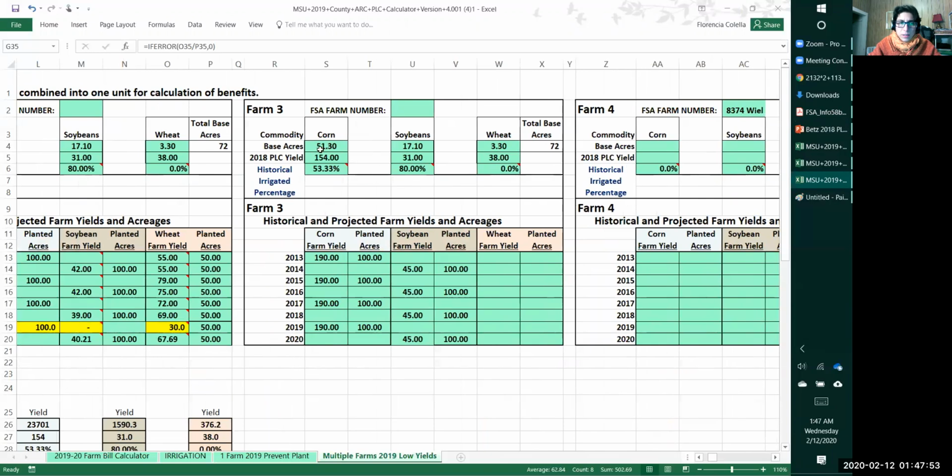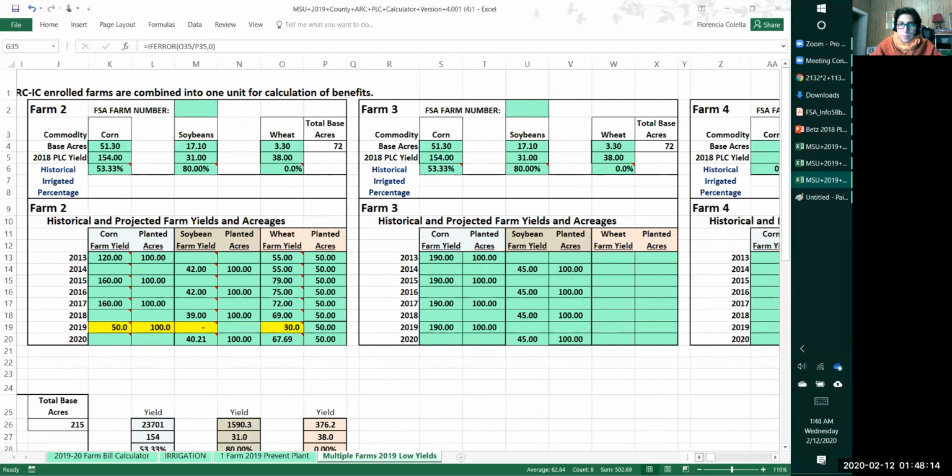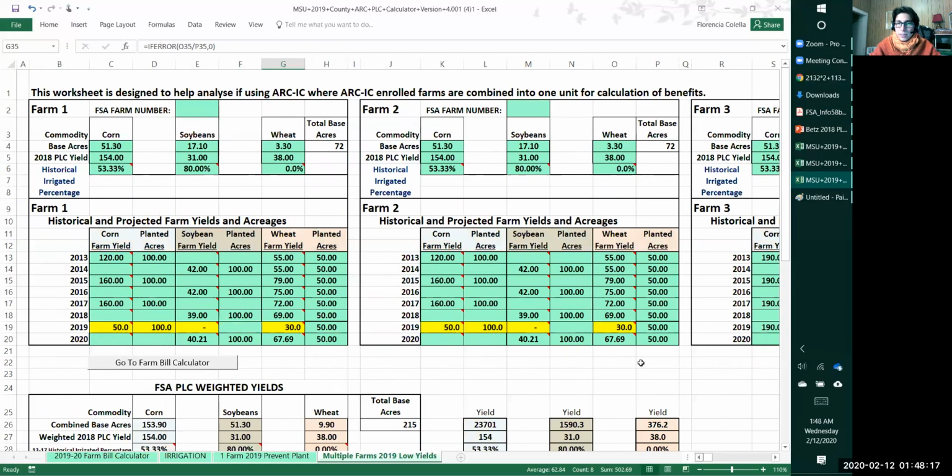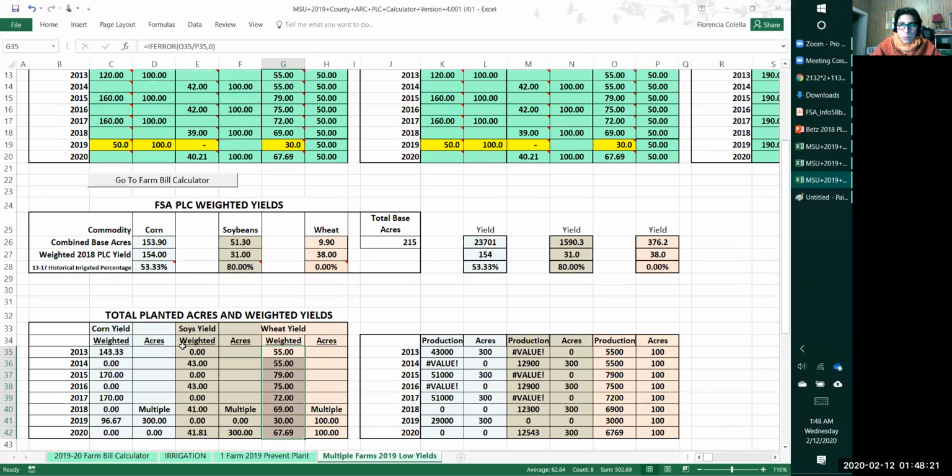This 3rd farm has got the same amount of base acres and PLC yields, same amount of irrigated percentage, and it has higher corn yields, the 190, et cetera, et cetera. This is the one that would only trigger a payment through PLC if we left it alone. But by entering it on this table, we can find out what happens.